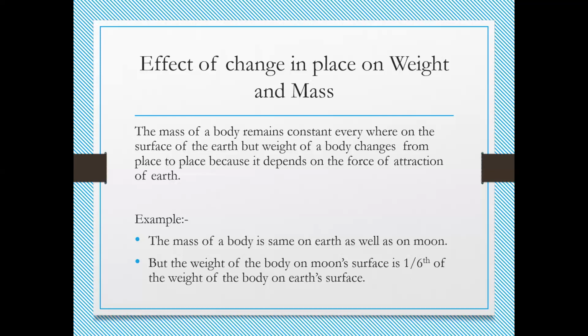So from this we can conclude that the mass of a body will remain the same wherever we take it because it does not depend on gravity, whereas weight completely depends on the gravitational force acting on that body.